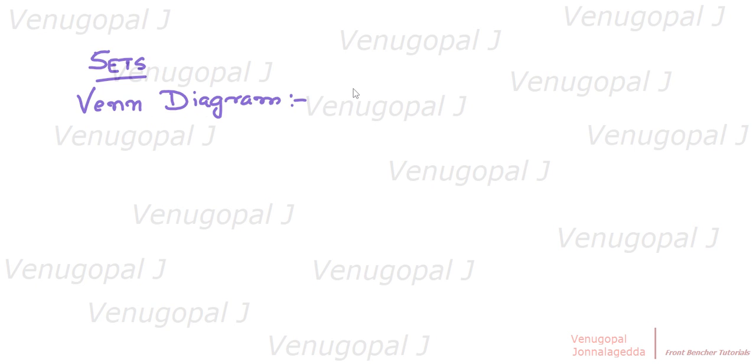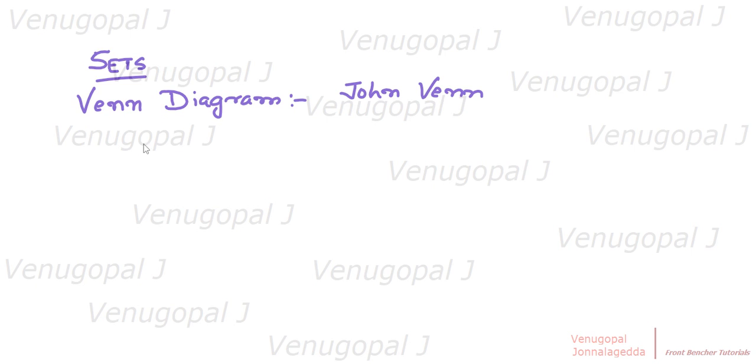So Venn diagrams are basically diagrams which have been invented by a person called John Venn. And Venn diagrams are depictions, representations of sets and types of sets, which we will see in the future topics.